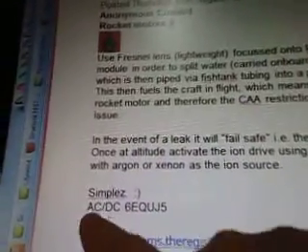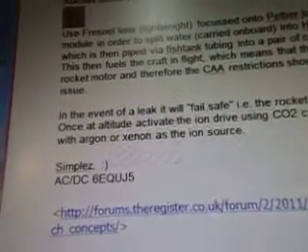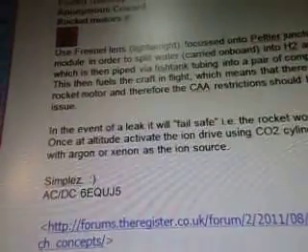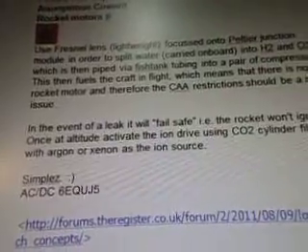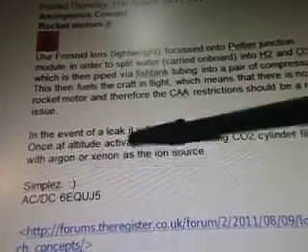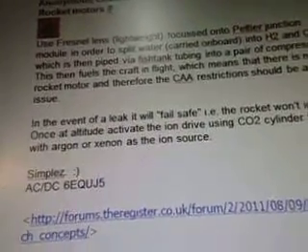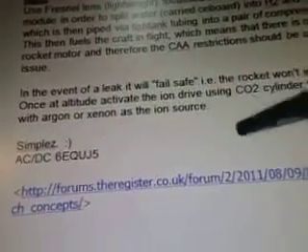But look at this. This AC/DC, my favorite songs, 6EQUJ5. He's got that up. So he's talking about some sort of rocket that he's made that uses these two components in it. Doesn't need fuel, and then he goes to the CO2 cylinder with argon and xenon. Now again, in the earlier videos we talked about argon as a liquid argon mixture, and xenon was in there as well, and also ions.